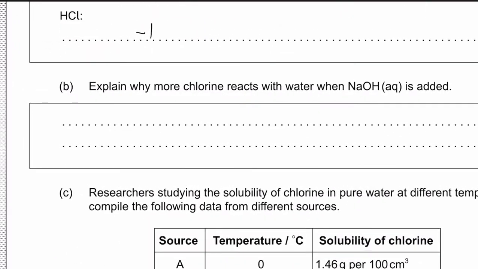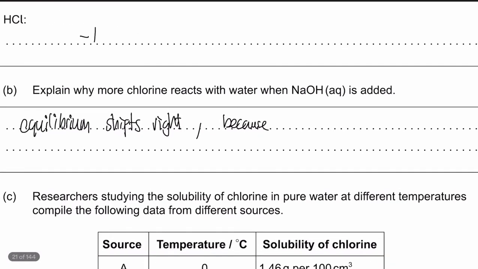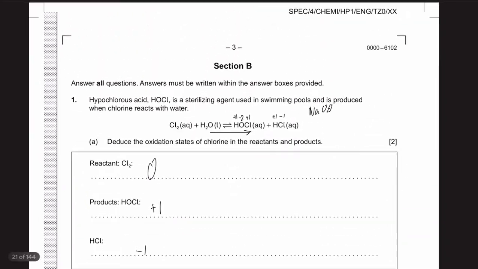Well, we can just say that the equilibrium shifts right, or towards the product side, however you want to say it. And then this is because our products, or our HOCl plus HCl, are neutralized, or the H plus is being removed from it.